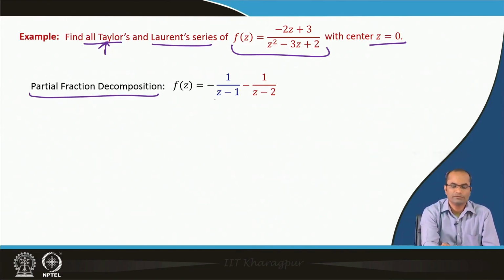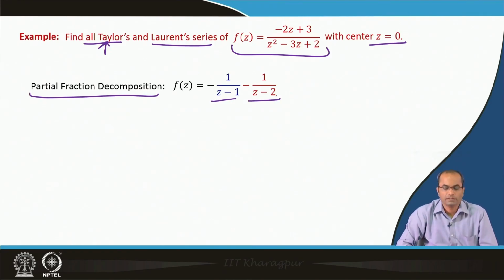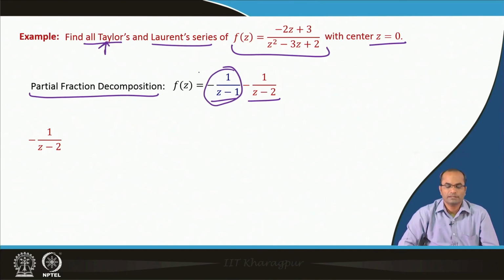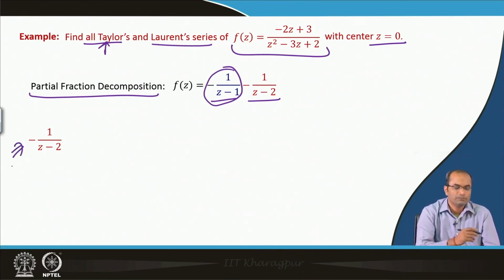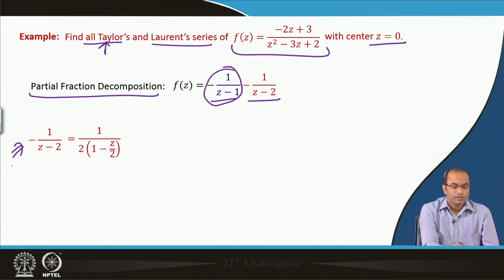We have to decompose the given function into these simple functions whose expansion is known to us. So, 1 over z minus 1 and minus 1 over z minus 2. So, this we know already, the possible expansion for 1 over 1 minus z or z minus 1, but we want to see now what are the possible expansions for 1 over z minus 2. So, one way would be that we take minus 2 common, that means minus times minus is plus.